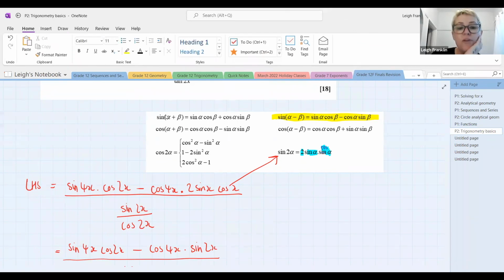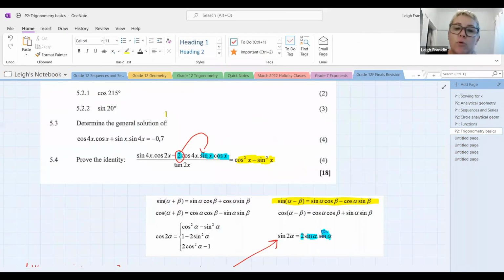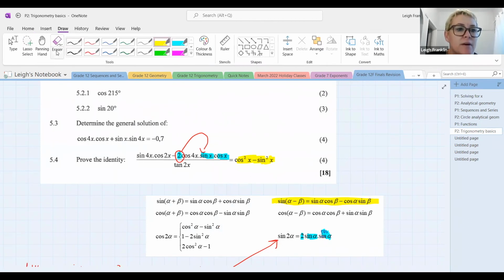No, and the reason why it won't affect the whole thing, and this is why it's important for us to know how many terms there are in an expression, because what you have here, let me just get the eraser and rub that out. This is one term. Remember, terms are separated by pluses and minuses.